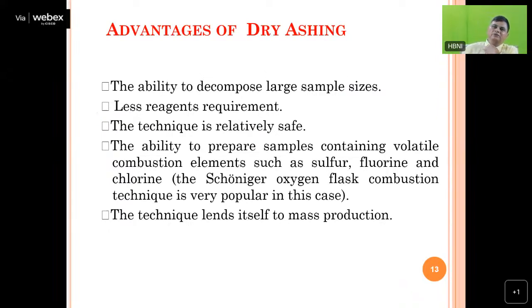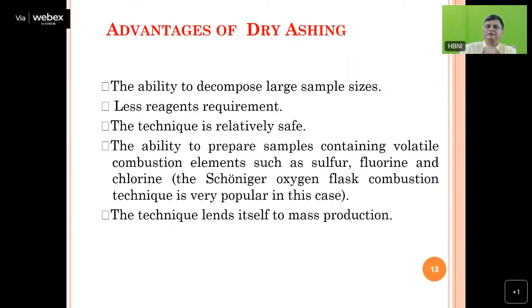What are the advantages of doing the dry ashing? The ability to decompose a large sample size, because you can take even 100 milligrams, 100 grams, or even 500 grams of the sample and do the ashing if your muffle furnace is big enough. Once you perform the ashing, the reagent requirement is always reduced by 1/10, and this technique is relatively safe.